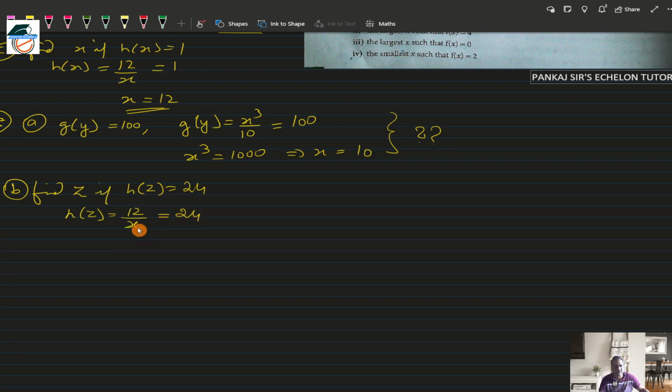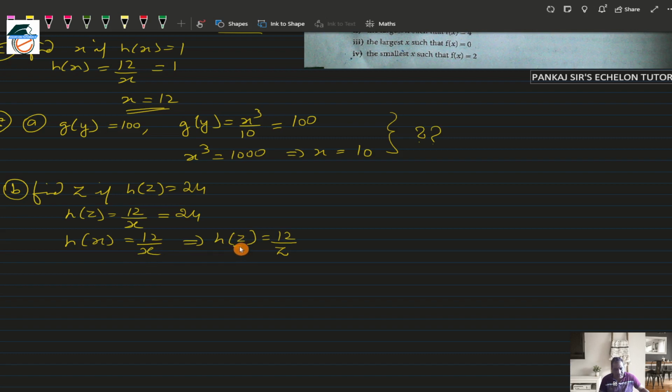Anyways, you can do one thing. See, h of x is given as 12 upon x. This way you can treat it. So h of z will be equal to 12 upon z. While finding the value of a function, all you have to do is plug in whatever value you want in place of x.